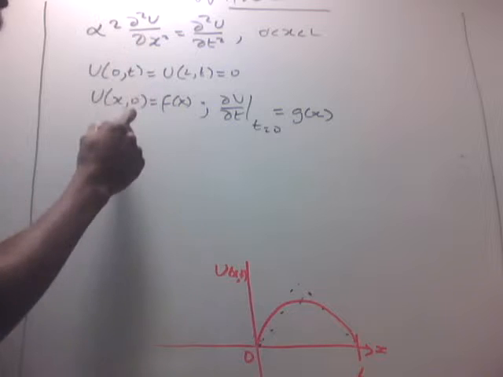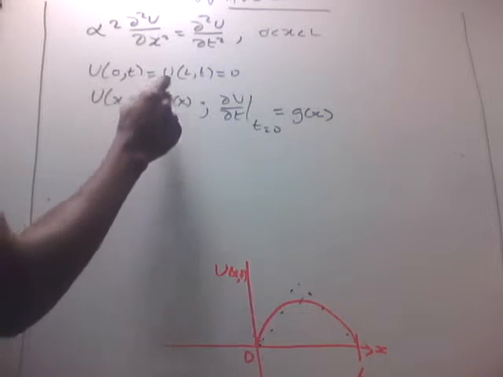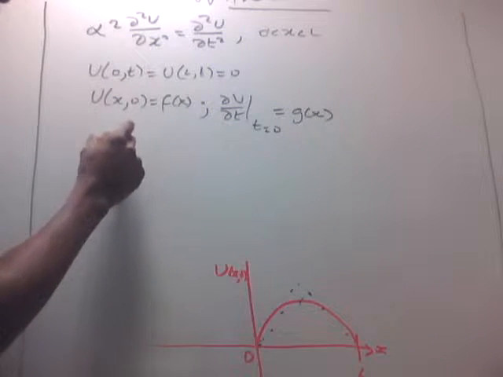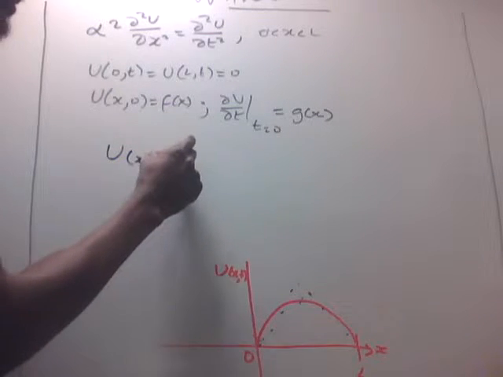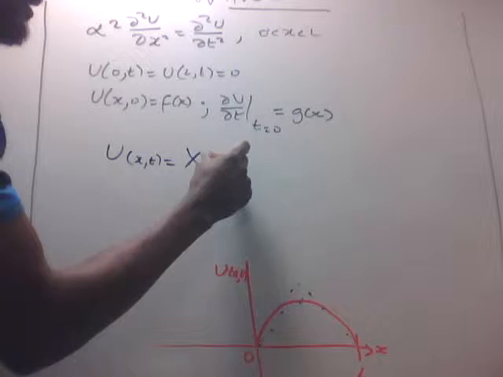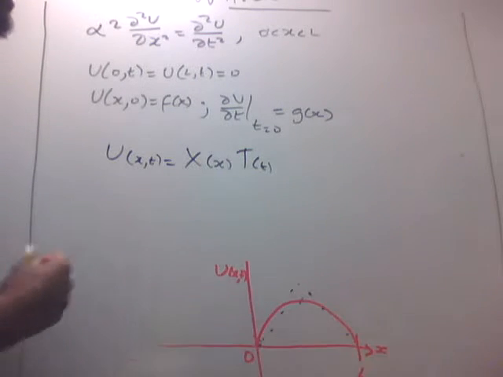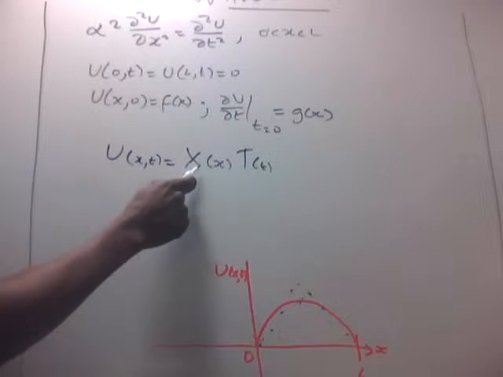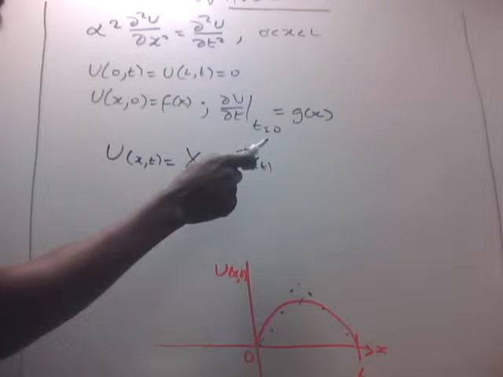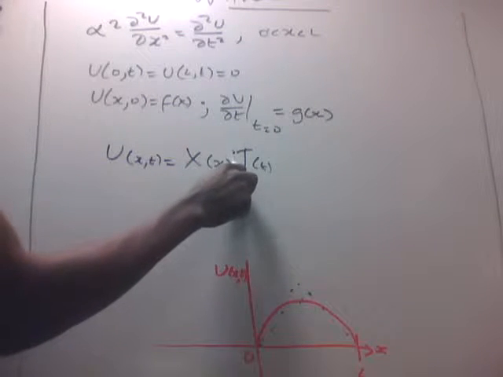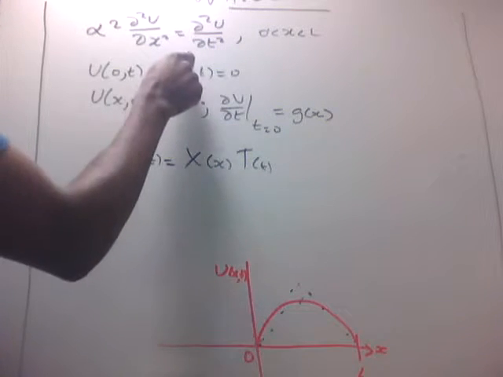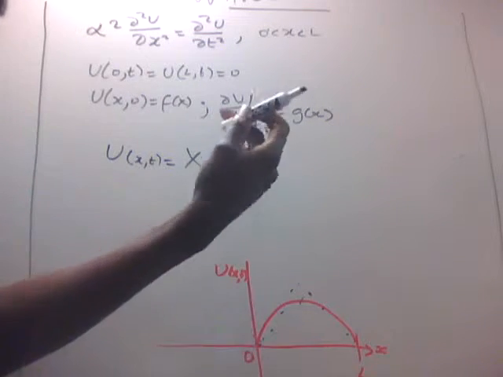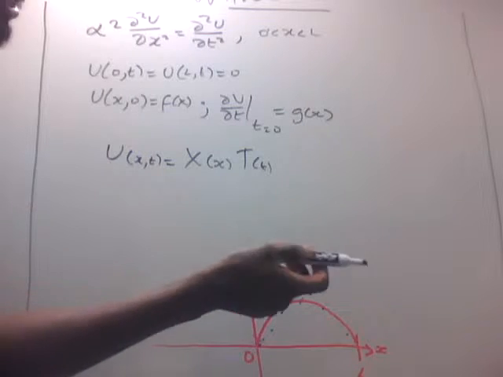For this one-dimensional problem in x, and that's a function of time, I want a form u(x,t) equals X times T. The idea is to separate this into a function of x and a function of time, and hopefully when I play this out, it simplifies my partial differential equation to a set of ordinary differential equations.